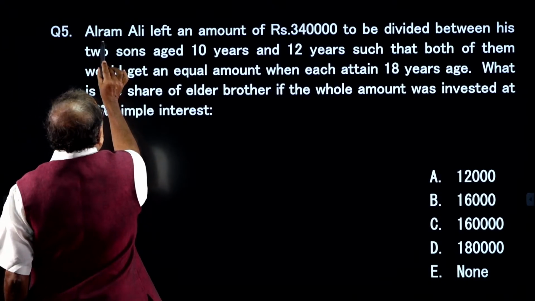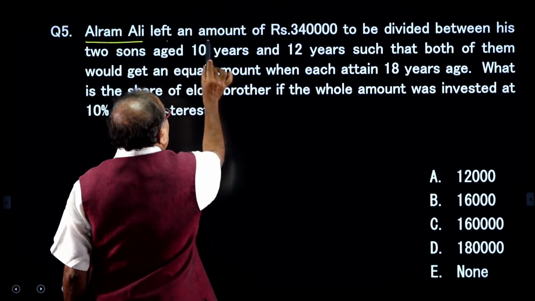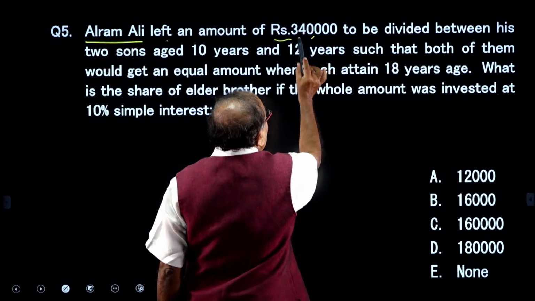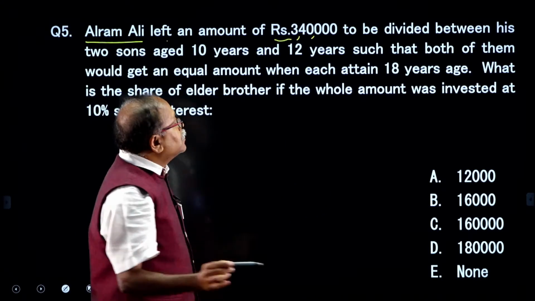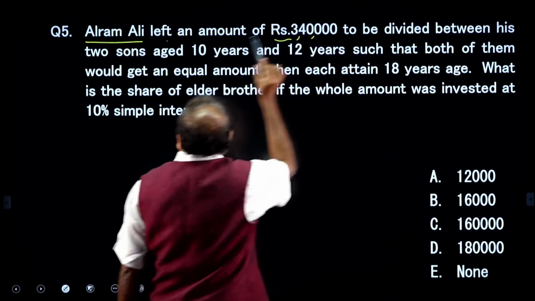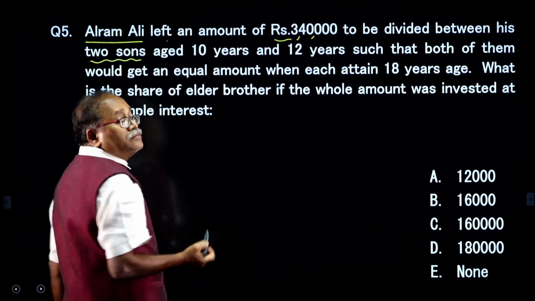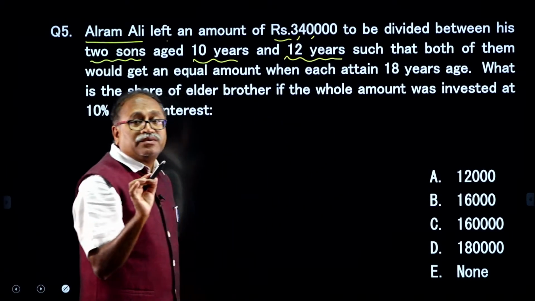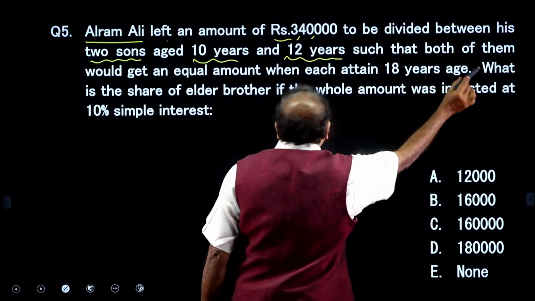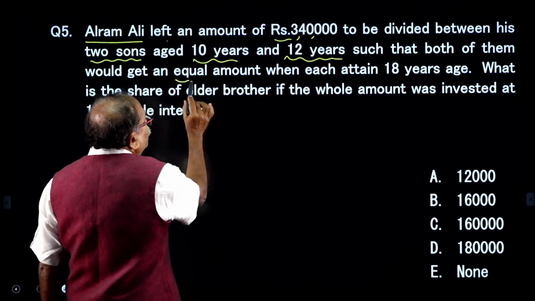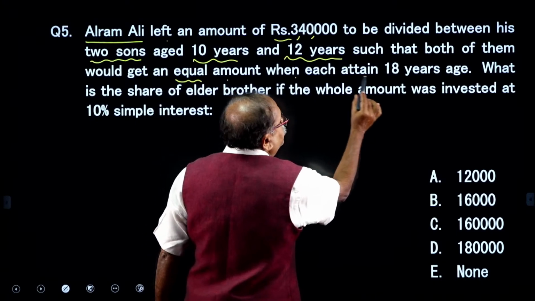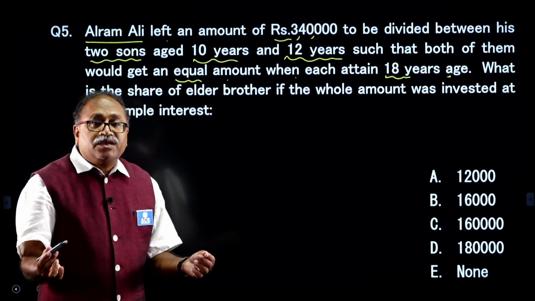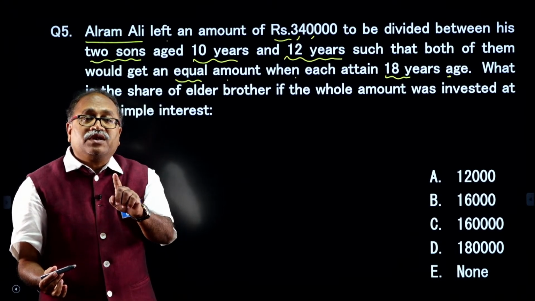A man left an amount of rupees 3,40,000 to be divided between his two sons, 10 years and 12 years of age, such that both of them would get an equal amount when each attained 18 years of age. Very frequently asked question.